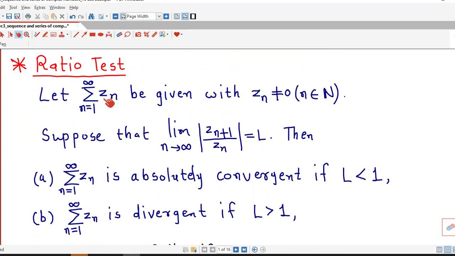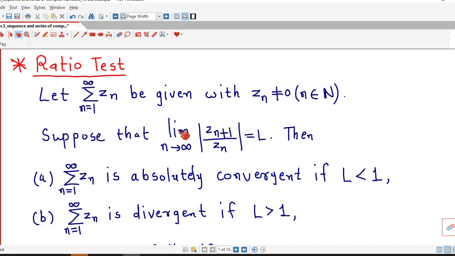Suppose we are given some complex series denoted by sigma zn with non-zero terms. Sigma zn is a complex series such that zn is not equal to 0 for all n equal to 1 to infinity. Now suppose that the limit of the absolute value of zn plus 1 divided by zn is capital L. Here we are dividing by zn, therefore we need the condition that zn is non-zero for all n equal to 1 to infinity.